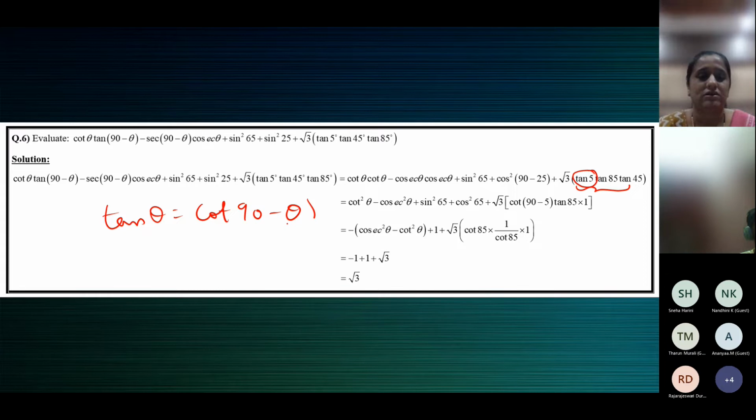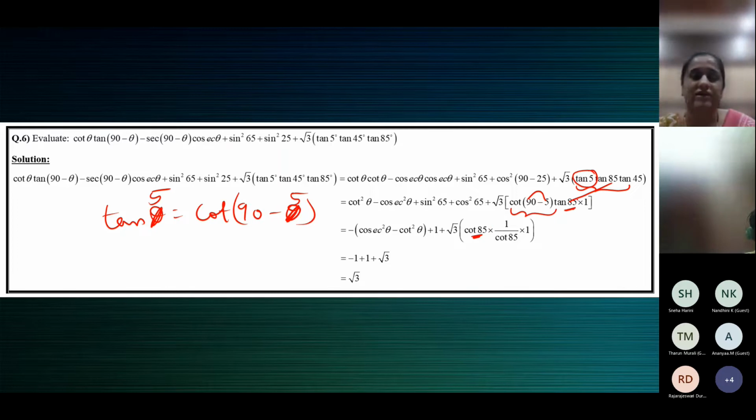If theta is replaced with 5, tan 5 degrees is equal to cot 90 minus 5 degrees. So that's what you see here, cot 90 minus 5. Then don't change both, right? Tan 85 as it is. Now 90 minus 5, subtract, you will get 85. You will get cot 85.